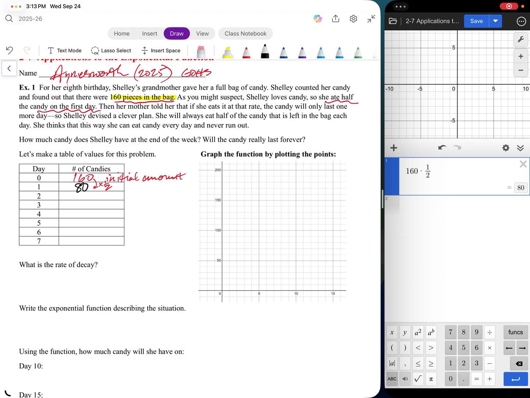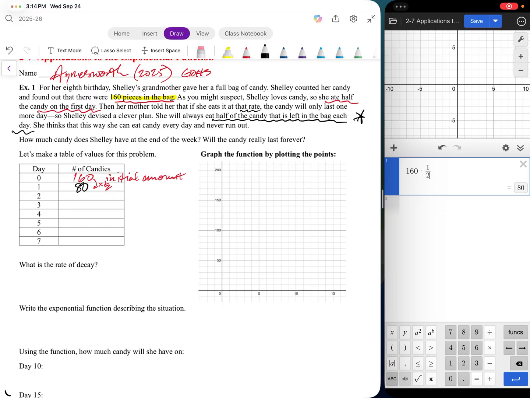Then her mother told her that if she eats at that rate, half the next day, the candy will last only one more day. So Shelly devised a clever plan. She will eat half the candy that is left in the bag each day. All right, and that's the key thing here. She will eat half of the candy that is left in the bag each day. That's a key concept right there.